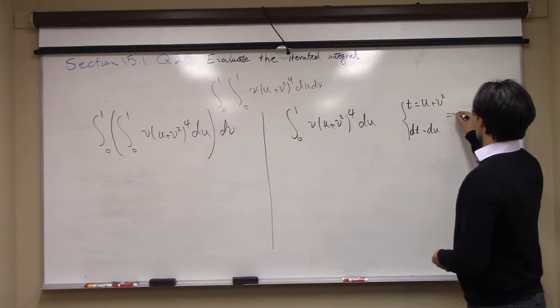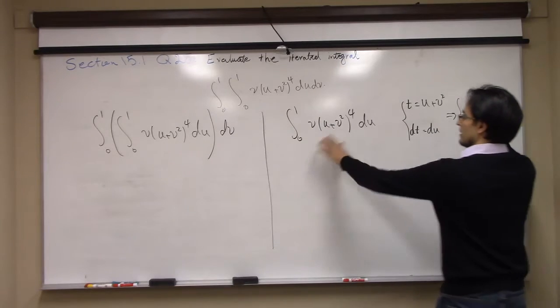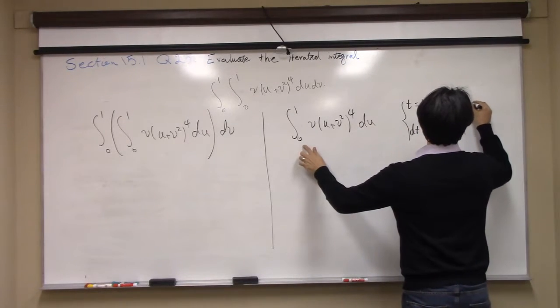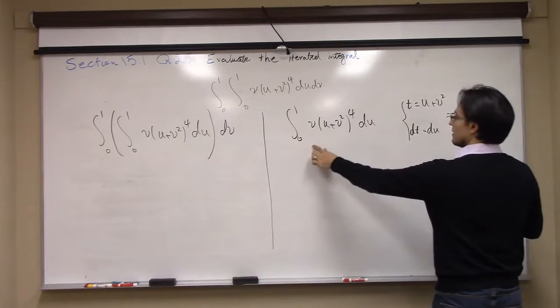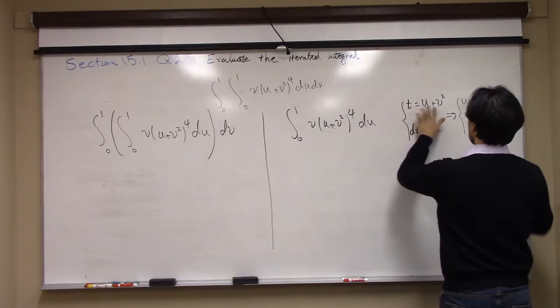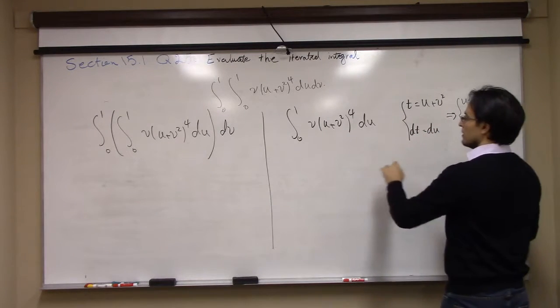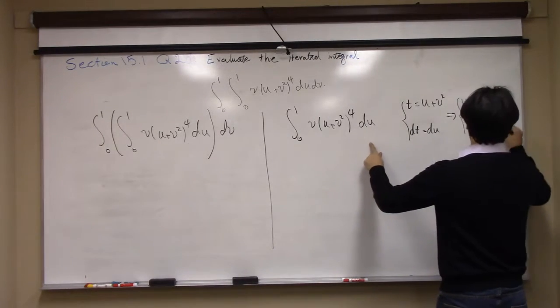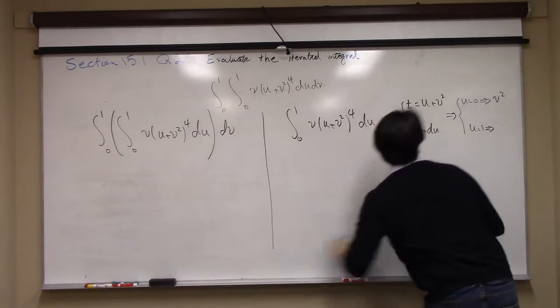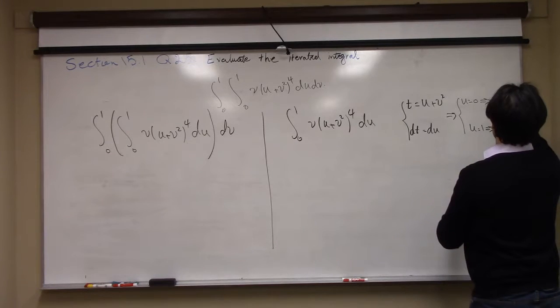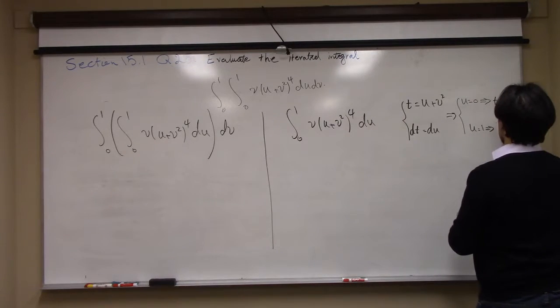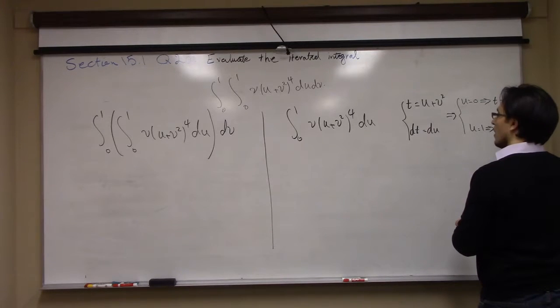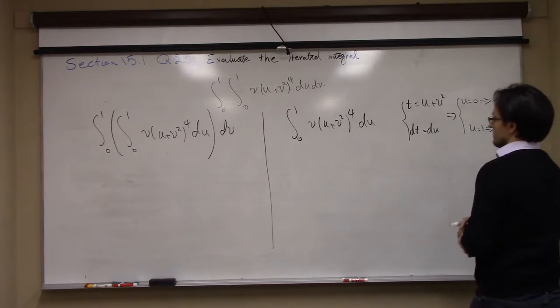Then also about the boundaries, when u is equal to 0, then my t is equal to v squared. When u is equal to 1, then my new variable, which is t, is going to be 1 plus v squared.